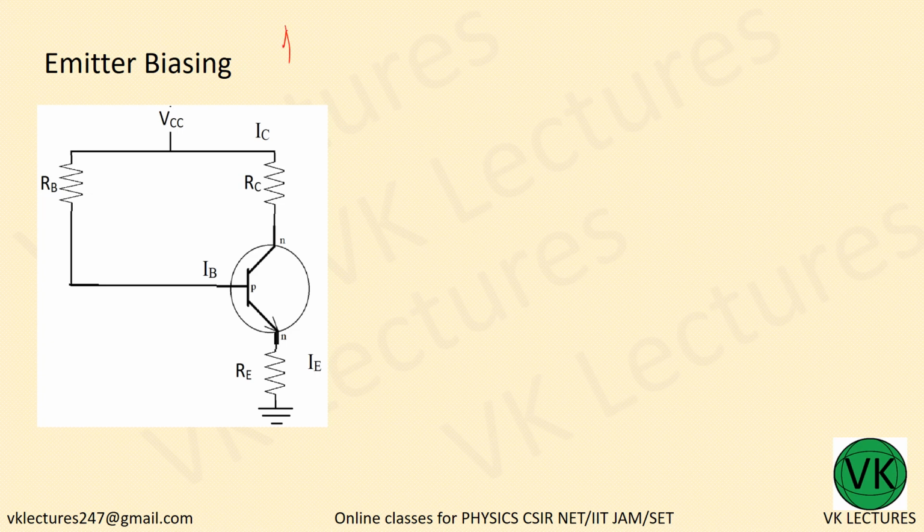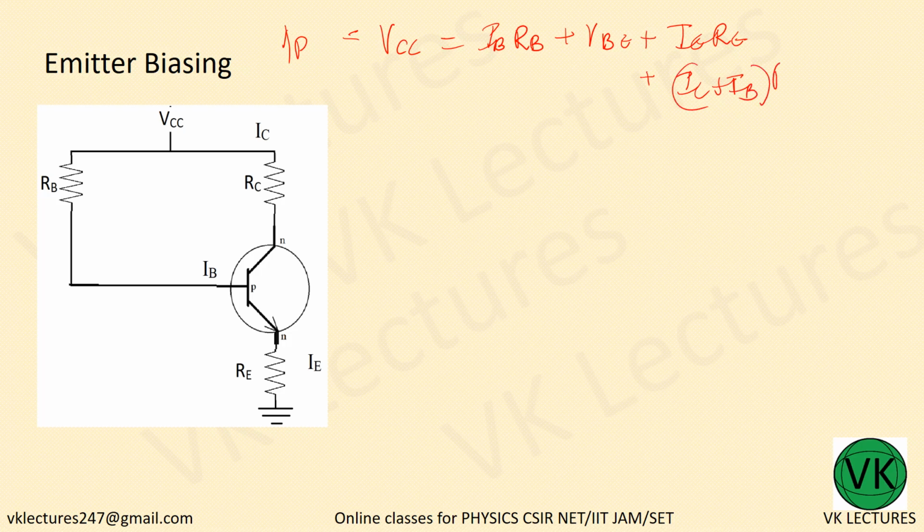So input, what is input? VCC equal to IBRB plus VBE plus IERE. Now this IE we can write it as IC plus IB into RE. Now differentiate with respect to IC. Okay.